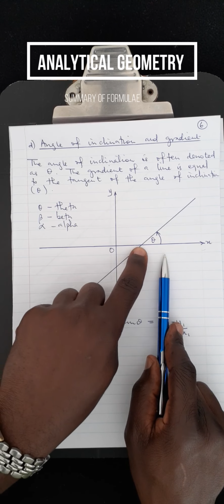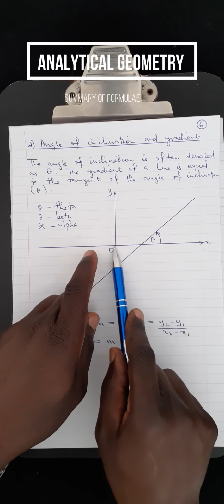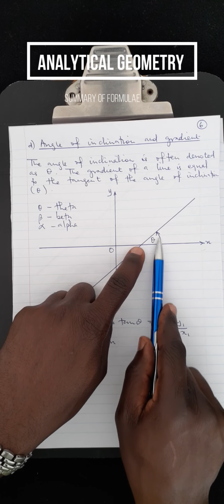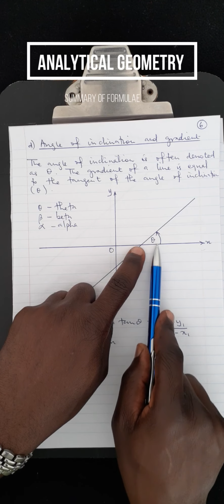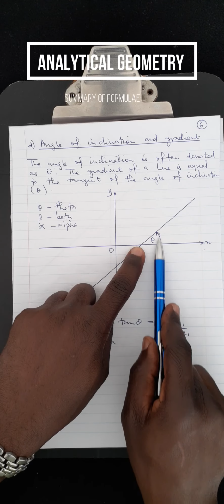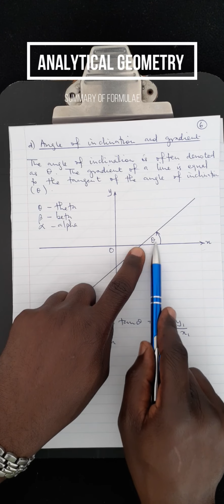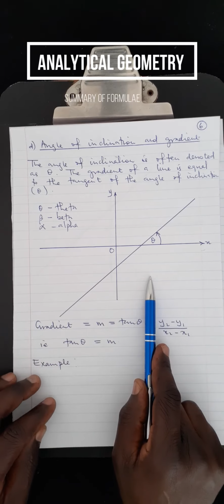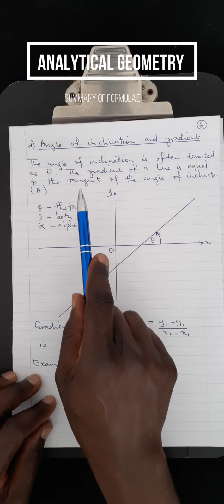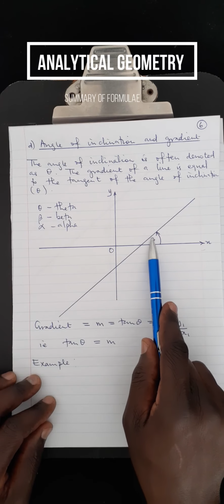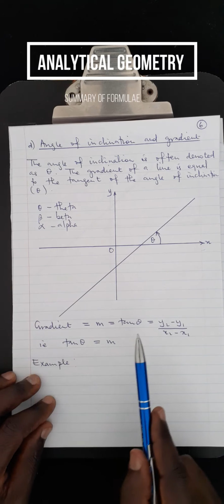So there's this line and then there's x. What is this space? Usually measured in degrees. How much is that space? We don't know it, so we just call it theta. This concept is for us to find how much that angle is in degrees.